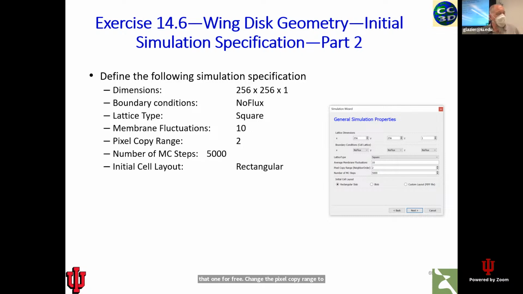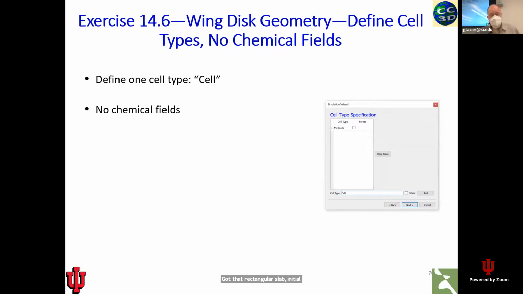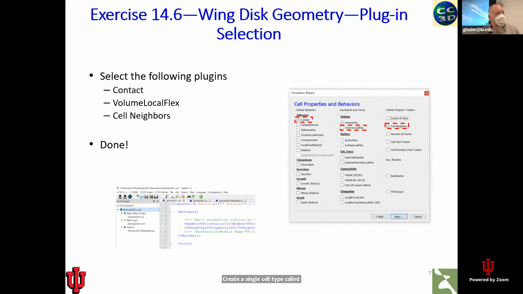And then rectangular slab initial condition, which is also the default. Create a single cell type called cell. And then turn on contact, volume flex. Sorry, volume local flex, not volume flex. So we do have to change that one. And then cell neighbor tracker. Okay, did that work?